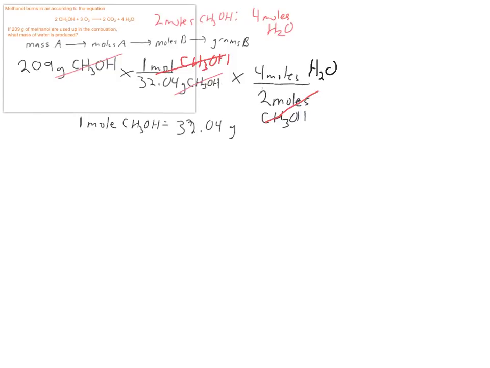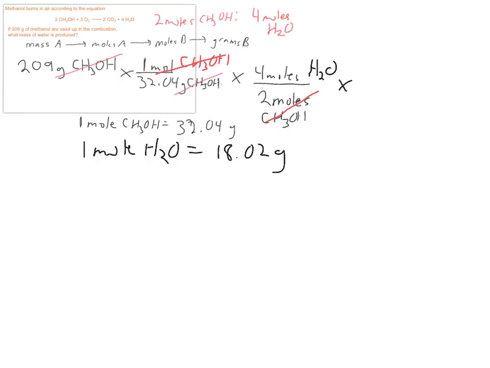And then last in the workflow is to go back to what the question's asking us to solve for. So mass of water. So we must use the molar mass of water, which is for every 1 mole of H2O, it weighs 18.02 grams. That's the equality.